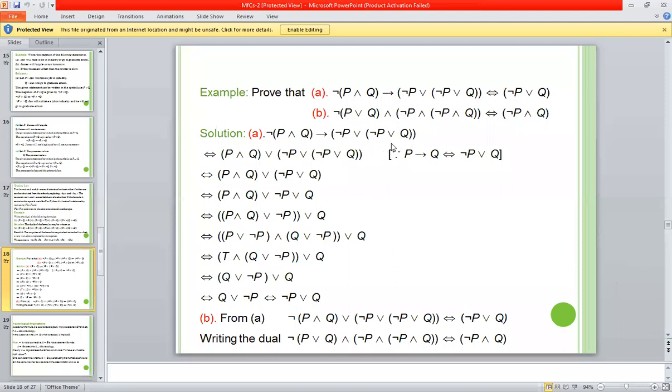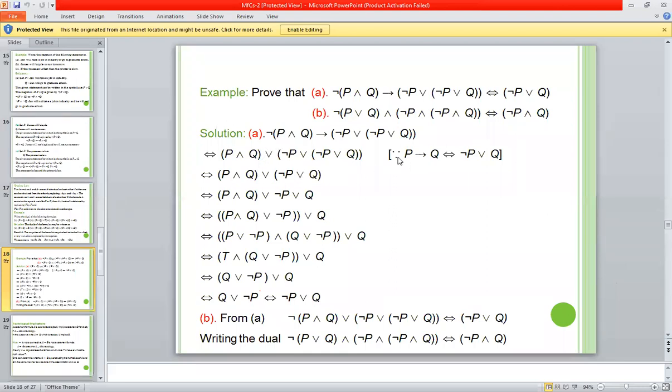This is of the form P implication Q is equivalent to negation P or Q. So in place of P, we are having negation of (P and Q), and in place of Q, we are having negation P or (negation P or Q). In this step, we are applying this equivalence relation.